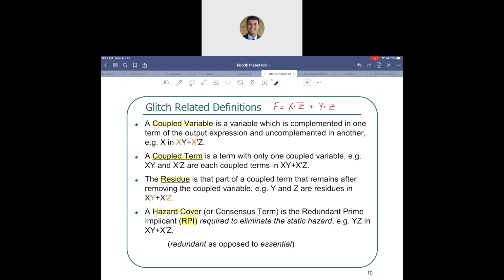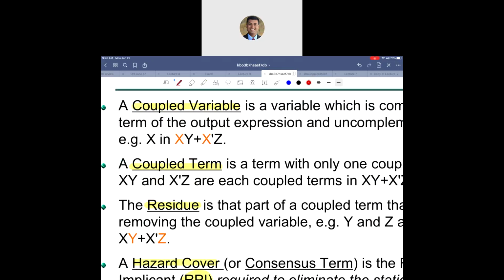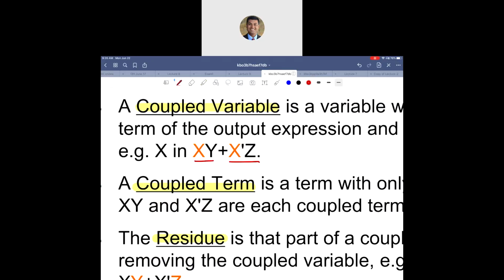So if you see this, what is the coupled variable here? Z complement. So the coupled variable would be z here. Similarly, over here, if you have x, y, x bar z, x is the variable that is appearing in true form here, in complemented form here. So x is the coupled variable there.